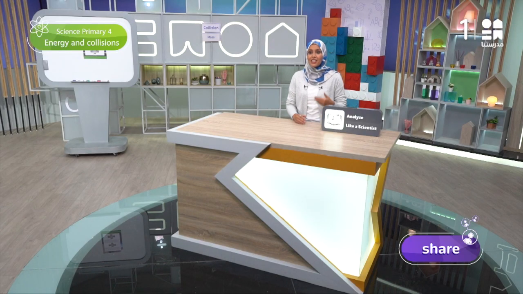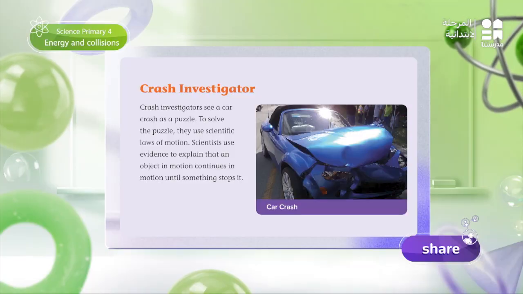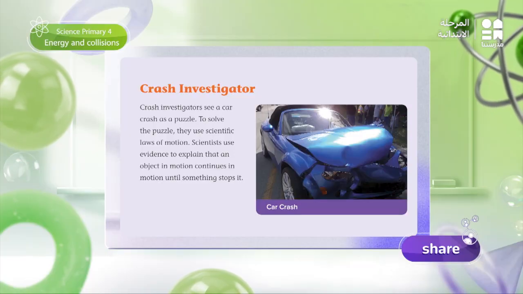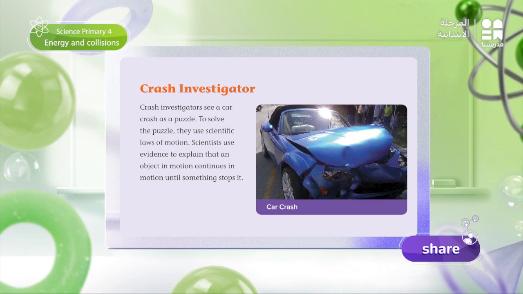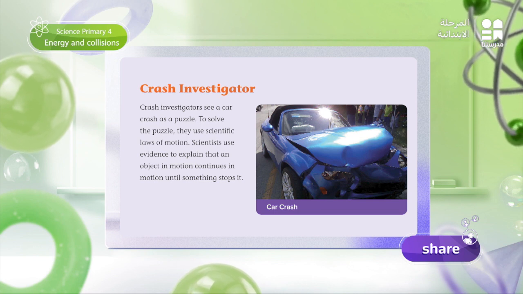So you will analyze the different collision situations, and it will help you in the unit project to redesign a safety feature for drivers.